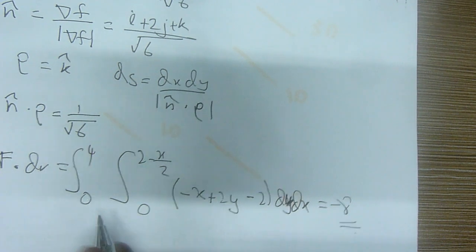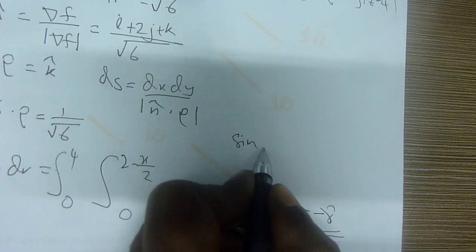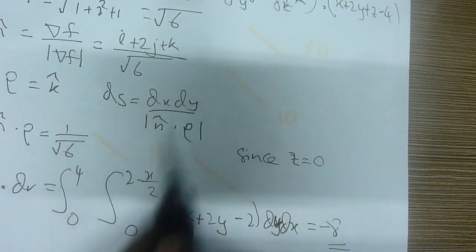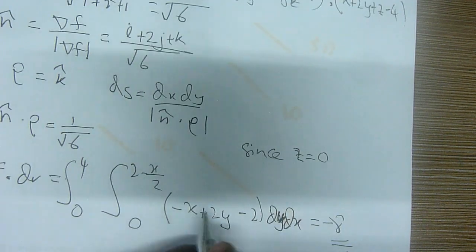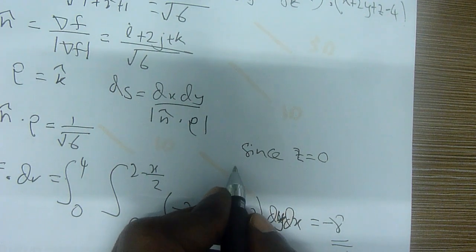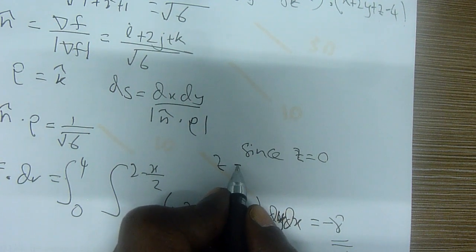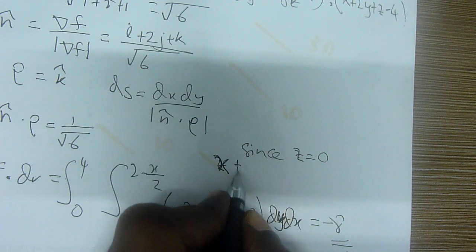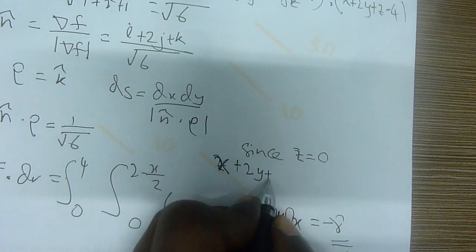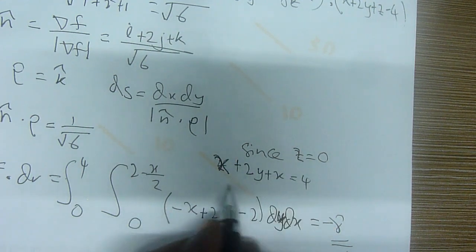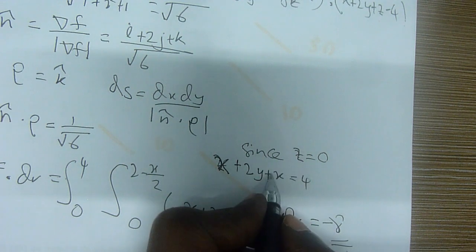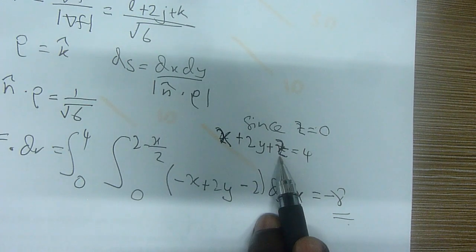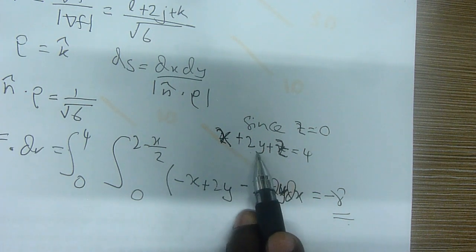Since z is 0 at this portion, the equation becomes x plus 2y equals 4. Here z is 0, you get the equation x plus 2y equals 4, right?